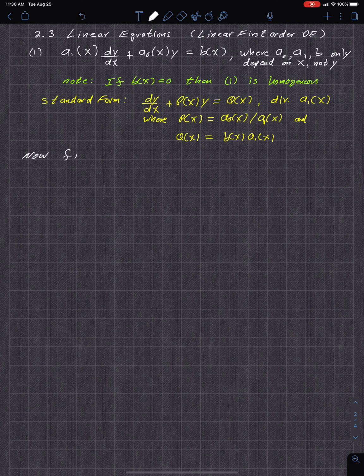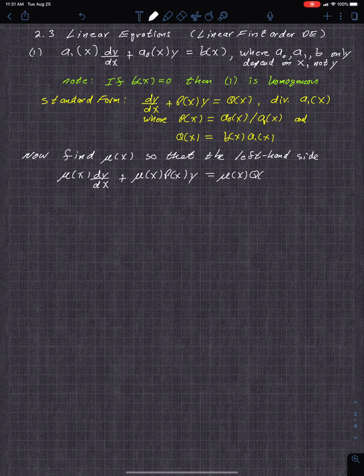Now find mu of x so that the left-hand side has this form: mu of x dy/dx plus mu of x p of x y is equal to mu of x q of x.